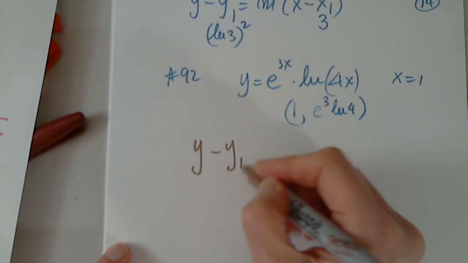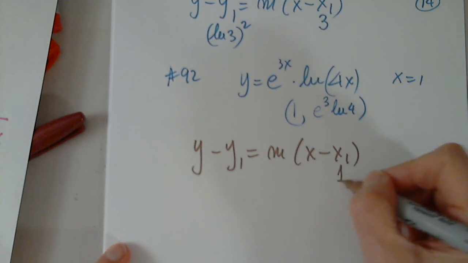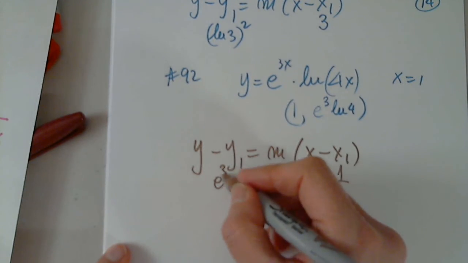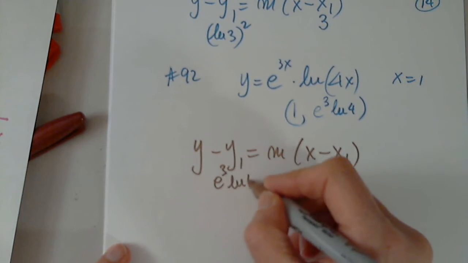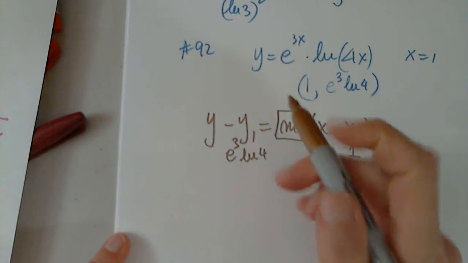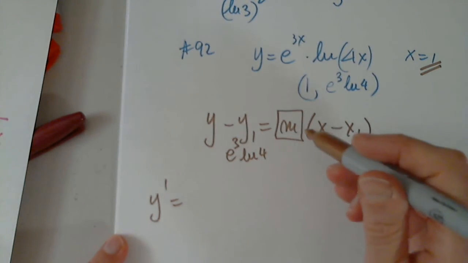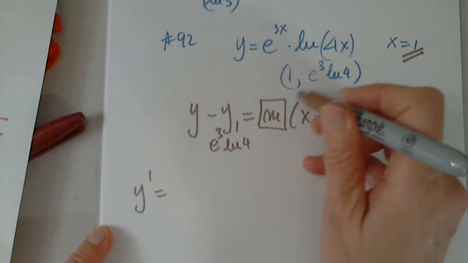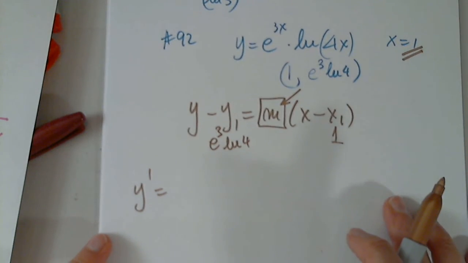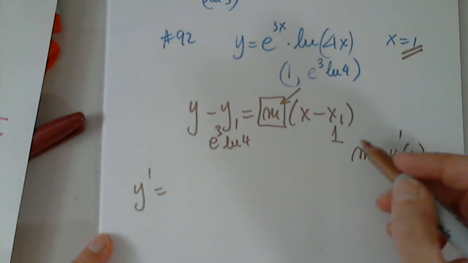So y minus y1 equals the slope times x minus x1, where x1 is 1. y1 is e to the third natural log 4, but I do not have the slope. I have to find the derivative and plug in 1. The derivative evaluated at 1 will give us this number. So m equals y prime at 1.